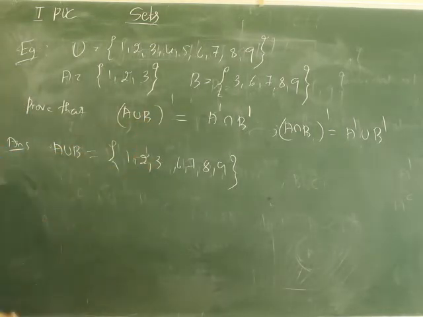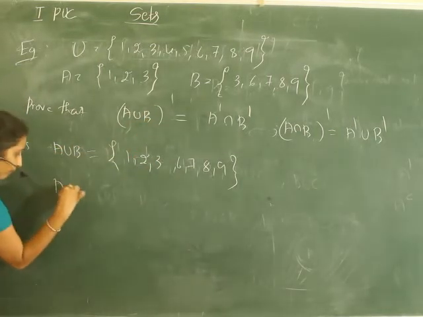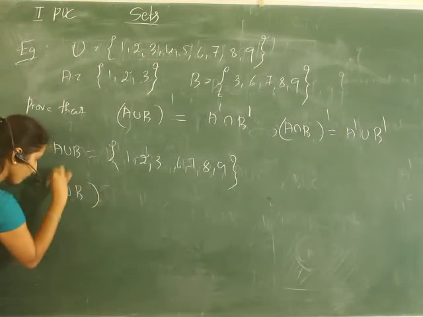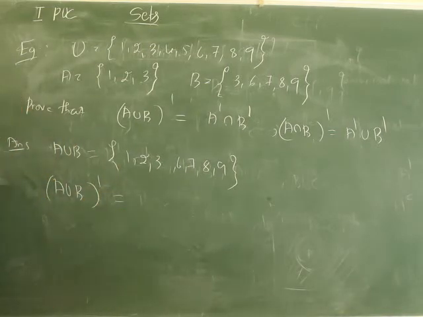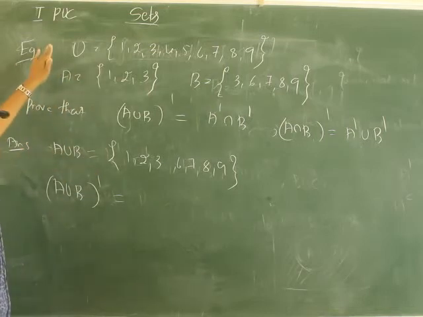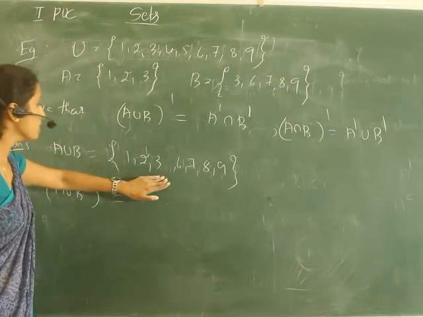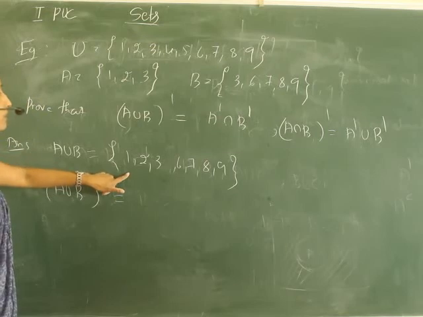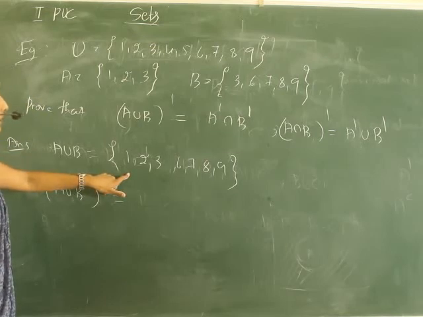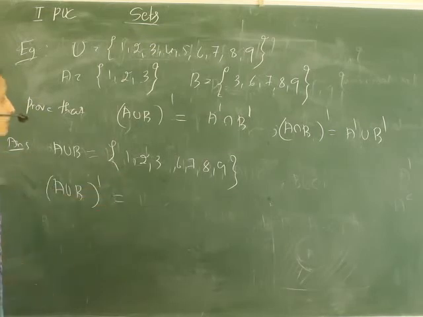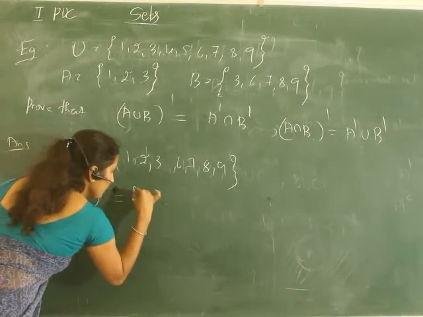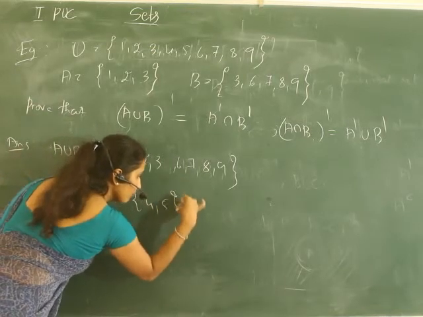Next I'll take A union B whole complement. What is it? The elements present in U but not in this union. Which are the elements? Only 4 and 5.